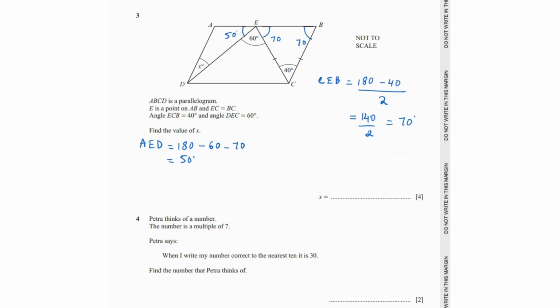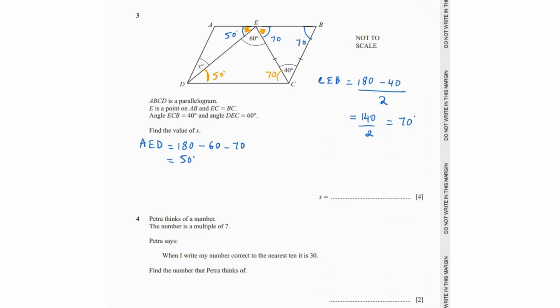Now we have to find the value of x. We know that AEB is parallel to DC with the parallelogram, which means alternate angles are equal. So this angle is equal to this angle. And similarly, this one is equal to this one.